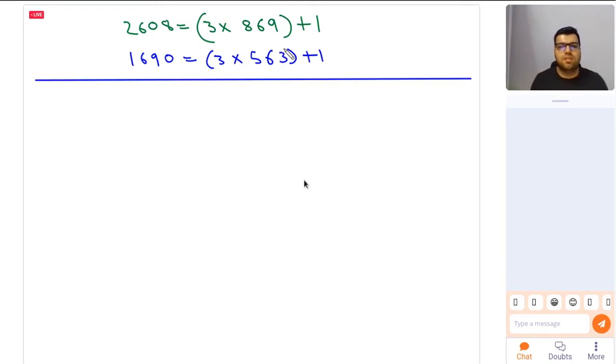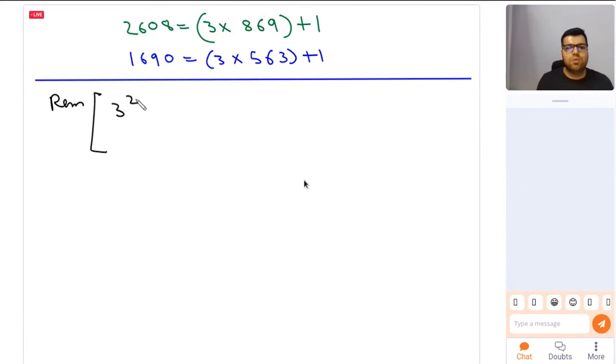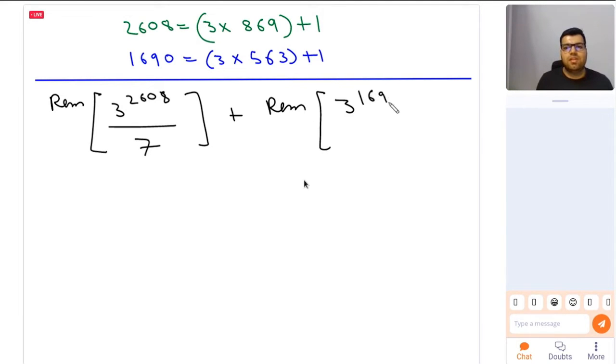So I will just write the expression again. So this was remainder of this expression. So 3 raised to power 2608 divided by 7 plus remainder of 3 raised to power 1690 divided by 7. Okay.